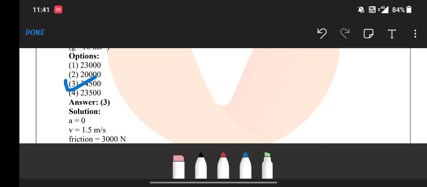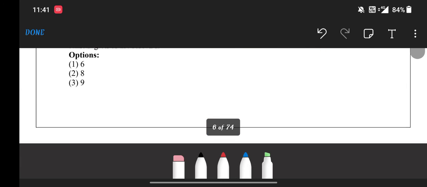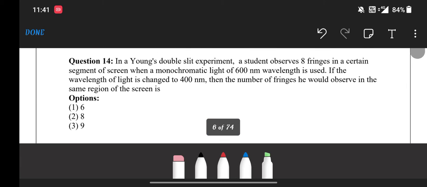Moving on to our next question, that is question number 14. Here they are asked, in a Young's double-slit experiment, a student observes 8 rings in a certain segment of the screen when a monochromatic light of 600 nanometer wavelength is used.